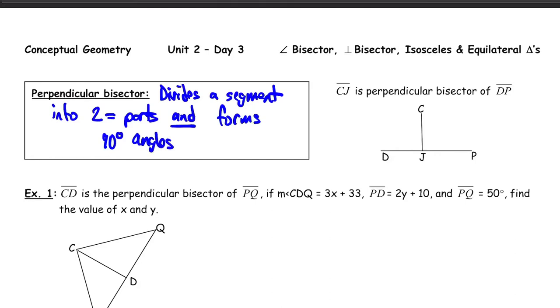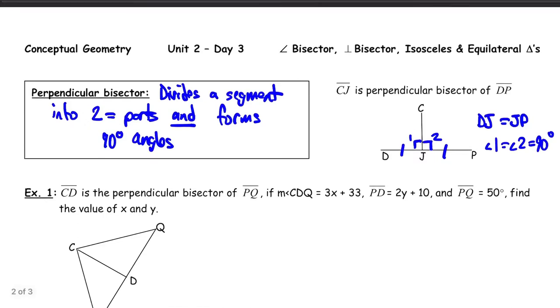So in the diagram at the right, it says CJ is the perpendicular bisector of DP. What would we know? Well, we know we're going to have two right angles there, and that DJ and JP would be equal. So DJ equals JP, and I'll make this a little bit easier, 1 and 2. Angle 1 equals angle 2 equals 90 degrees.